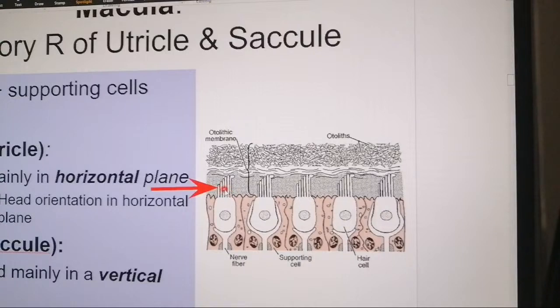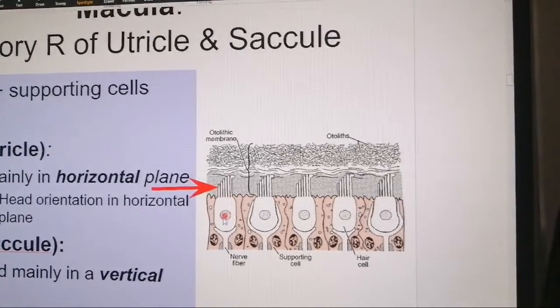Because at the end of the day, you have to generate an action potential, because the CNS does not understand any language but electrical currents, right? So this is the beauty of the creator, that he uses the hair cell.